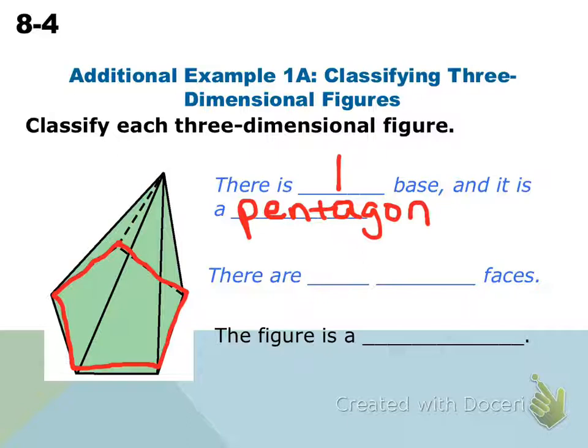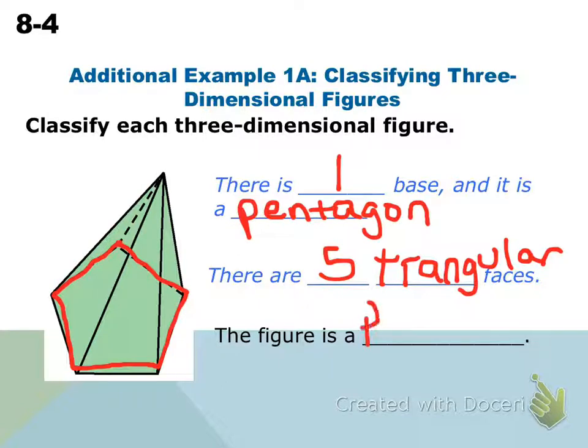There are 5 faces, and those faces are what shape? They're triangular. So there are 5 triangular faces. So that would make this figure a pentagonal pyramid, because we name it off of the base, which is a pentagon.